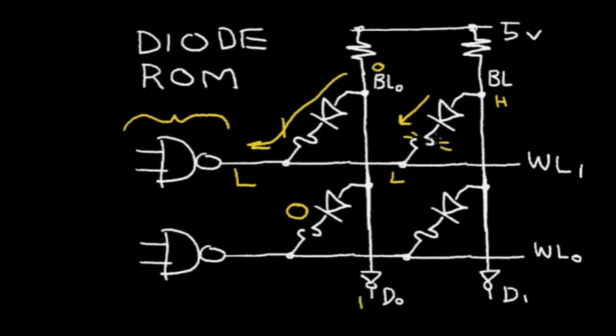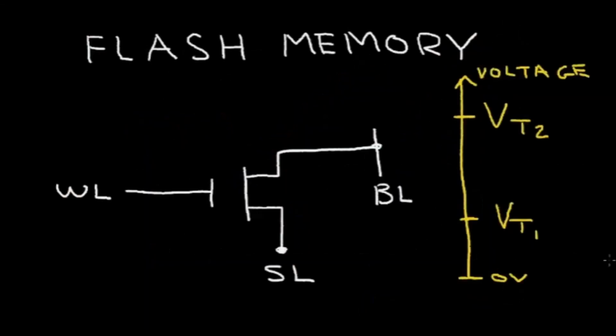Now here my fuse is blown, so the bit line will be pulled high through this resistor, and I'll have a 0 at the D1 output.